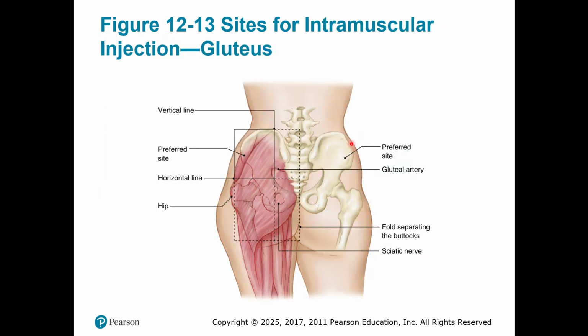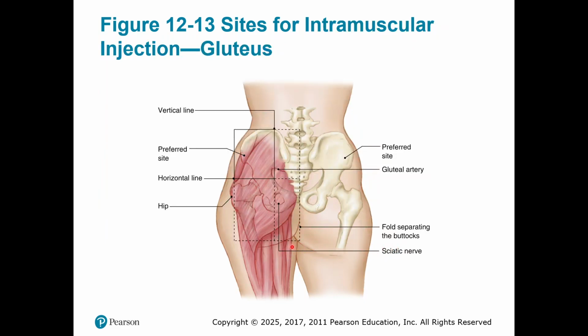See here, you have your preferred side. So here's your hip right there. This is kind of your butt. And you see right there, that's going to be your preferred side. Here's a vertical line that kind of goes down and shows you your preferred side. Shows you your hip. There's your sciatic nerve.